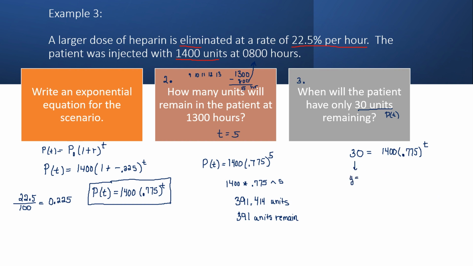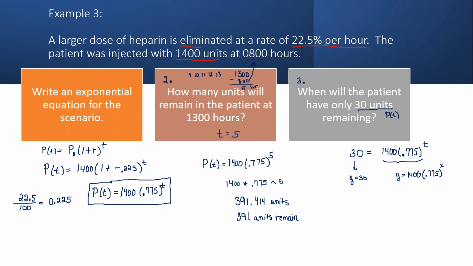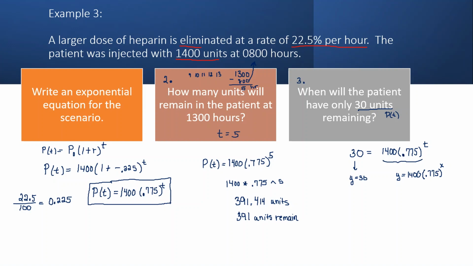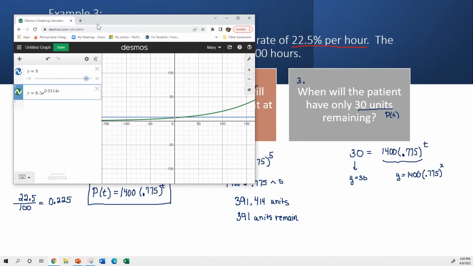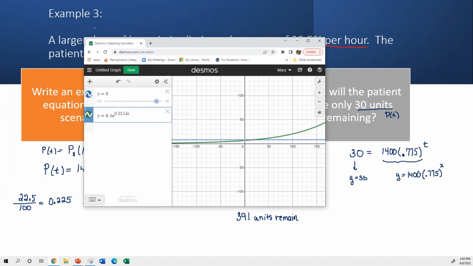So this is y equals 30. And this side is y equals 1,400 times 0.775, and Desmos likes x, so to the x power. So let me find Desmos here. There we go. And you can see I still have an old problem typed in here, so we'll clear those out.